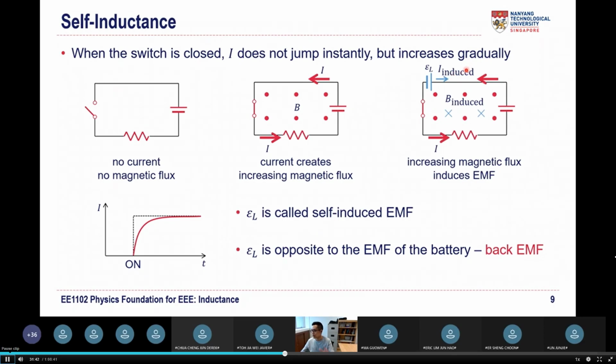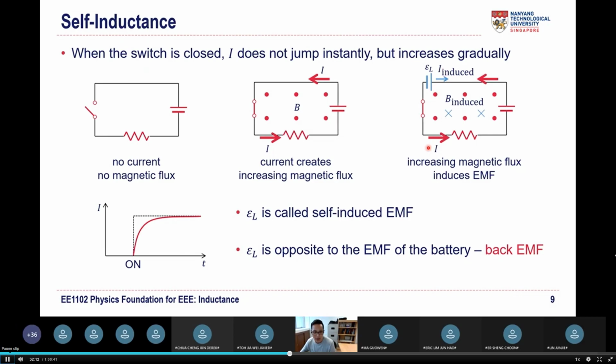It would die down because this change in magnetic field happens in a relatively short time, and soon after, we actually reach this state. So then this I induced will reduce with time, and then this I will dominate, and this induced EMF is also going to go to zero, right?